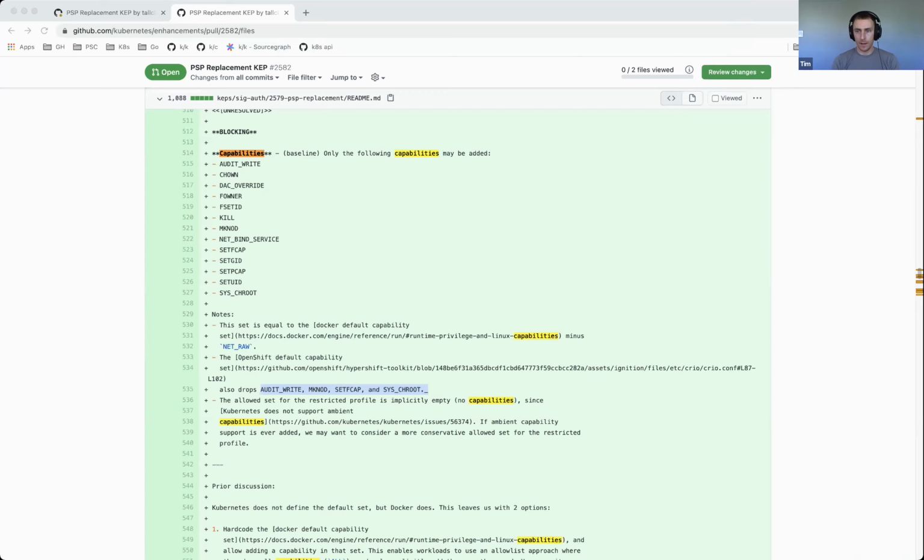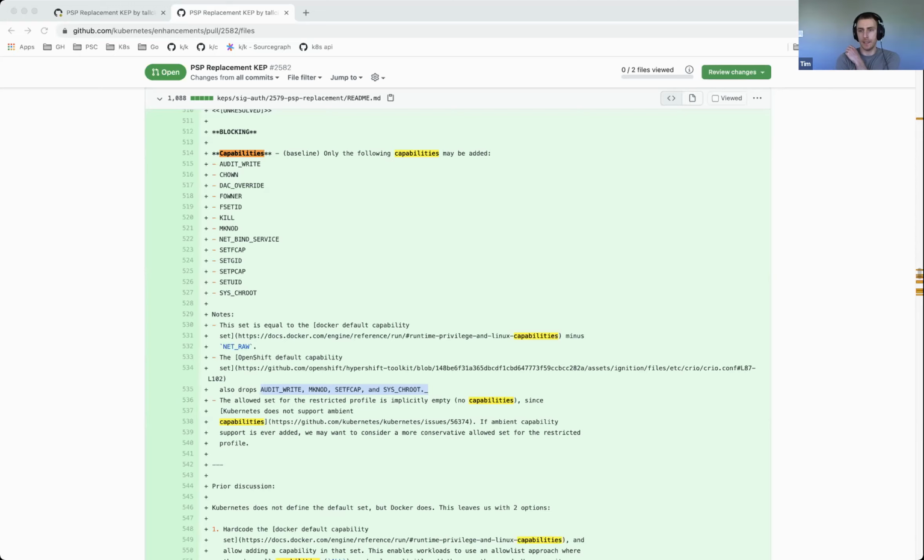I'm not sure if there's an existing KEP for adding ambient capabilities, but I think the decision around restricted would depend on whether that went in a new field, or if we said if you add capabilities, it goes into the ambient set. Yeah, does that make sense? Yeah, I agree, Tim. I'll dig into it, but it will probably take me a few weeks to get there on what the status of that is.